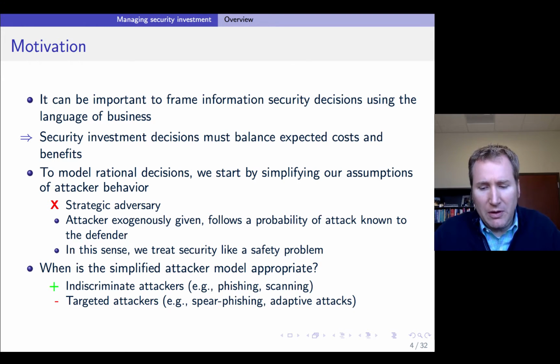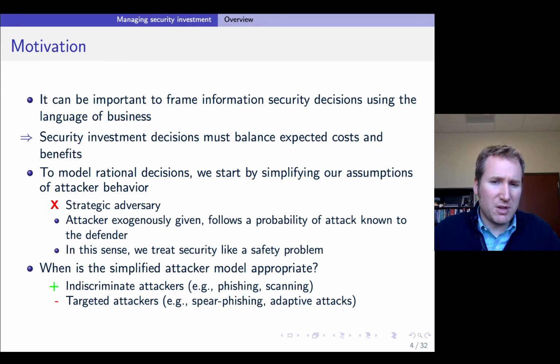So, it's worth asking any time that you decide to make a simplifying assumption, and you're modeling, to consider the circumstances when this is appropriate and when it is not. I think this simplified model of adversary behavior is more appropriate in a case where we have indiscriminate attackers, like cyber criminals who just send out phishing emails to millions and millions of users.